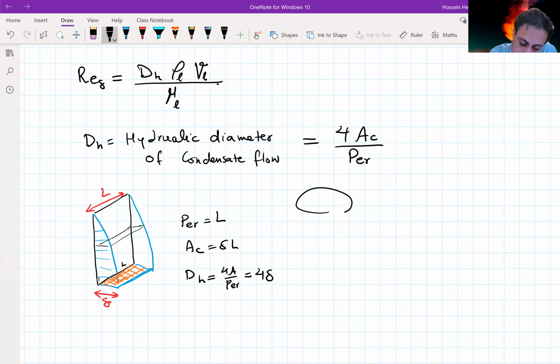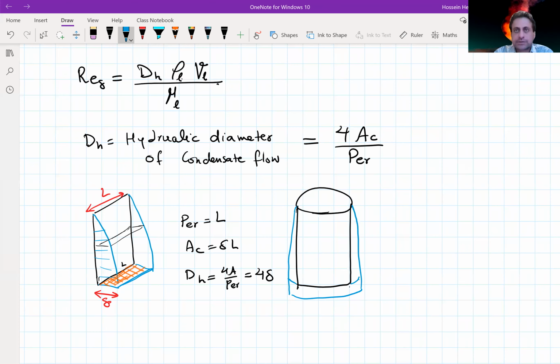If I have this cylinder with the diameter that is much larger than the condensation buildup around that one, I can have this condensate film around this cylinder that is building up. Okay. So here is the delta that we are measuring.